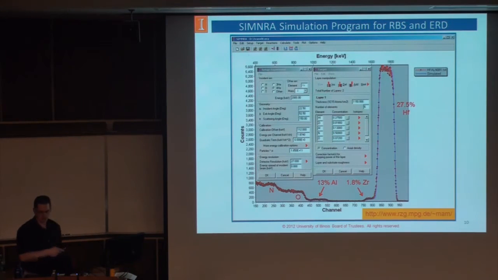There are important fitting parameters that we have to go through. These are experimental parameters: the incident and exit angle of the beam coming in and out, and the energy calibration and offset. The energy calibration offset actually can be figured out from the starting surfaces if you have multiple starting surfaces.